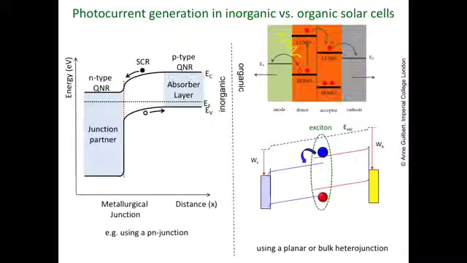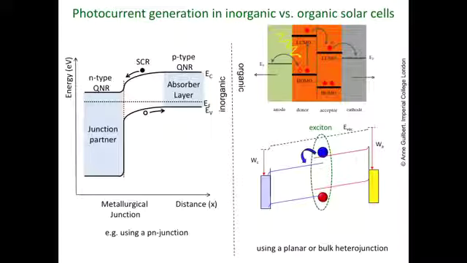is primarily by having hole selective layers and electron selective layers stacked on top of each other, so that when you create an exciton, which is a bound electron hole pair, you need some sort of driving force to separate that electron and hole pair.